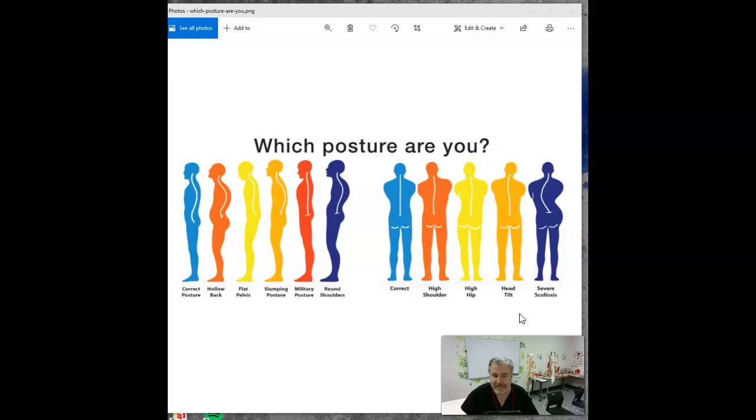Let's look at high hip. I love high hip. High hip really means we put a transverse plane through the hips and one hip is up high. Usually when that happens, you get a lateral curve of the spine, because my body wants to get my shoulders back over my hip. This guy's got it.